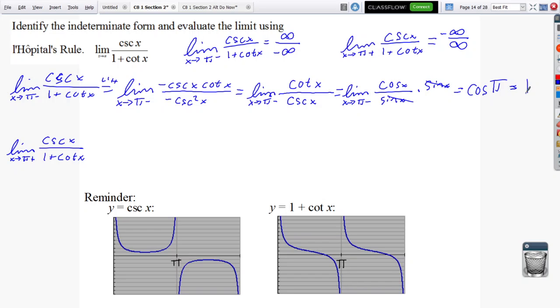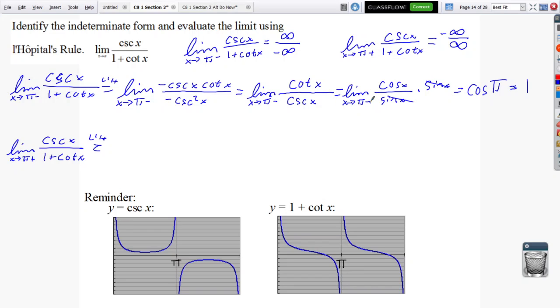Down here, we know we're going to have to do L'Hopital's rule. I'm going to be lazy here. L'Hopital's rule is going to work the same here, here, and here. The only thing that changes is instead of minus, we're going to be using pluses.